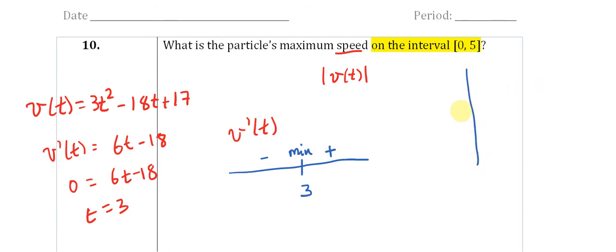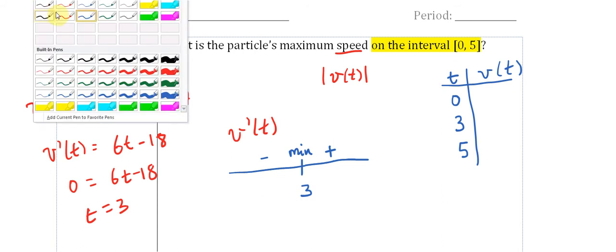So let's make a table here of the t values and of our v of t. There are some candidates for maximum and minimum. They could occur at 0, it could occur at 3, or it could occur at 5. Basically, the local extrema and the endpoints here are the possible places where minimum and maximum can occur.